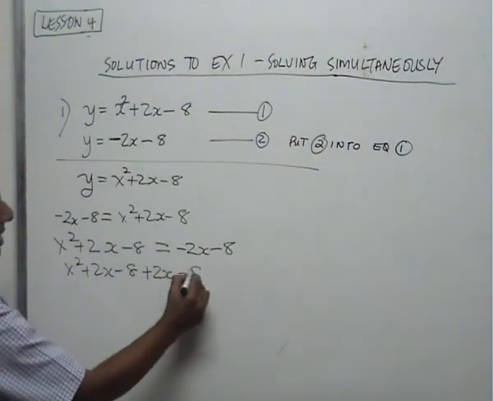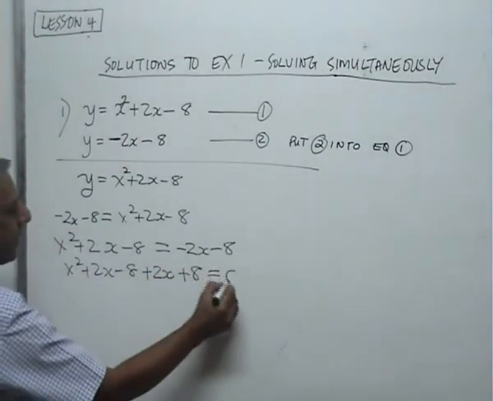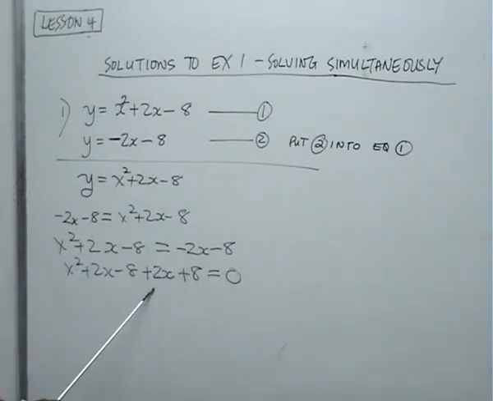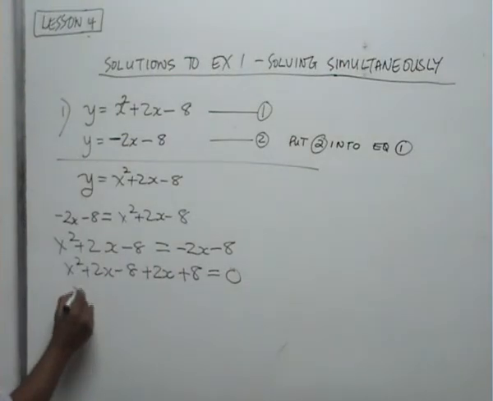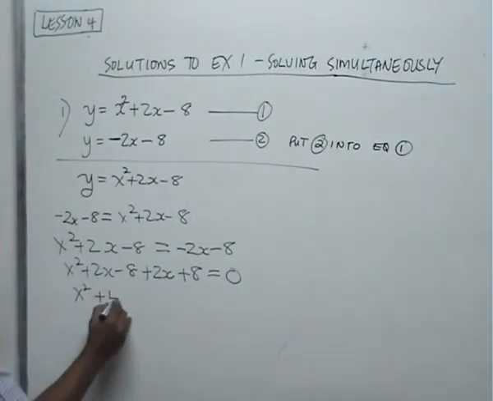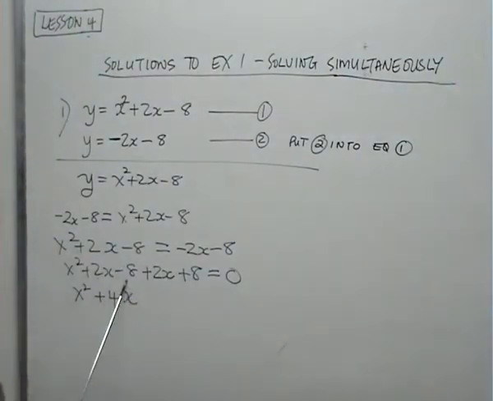Now I bring the minus 8 onto this side. So the minus 2x became plus 2x, the minus 8 became plus 8. Now I'm left with x squared. Now plus 2x and plus 2x gives me plus 4x. Minus 8 and plus 8 gives me 0. So I'm left with x squared plus 4x is equal to 0.